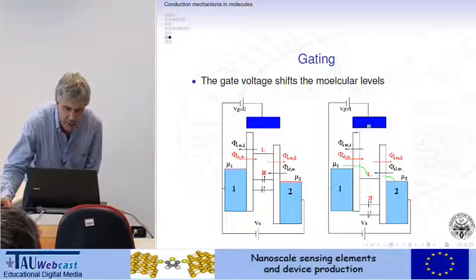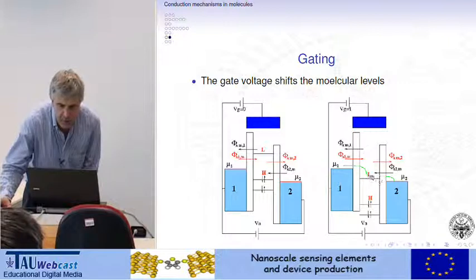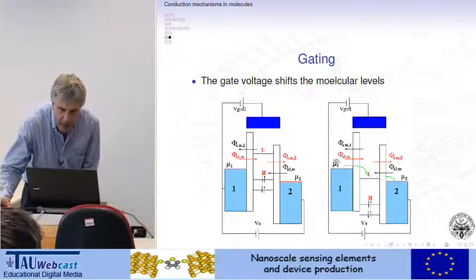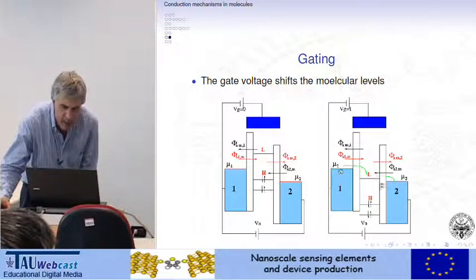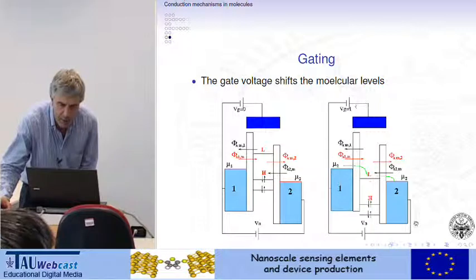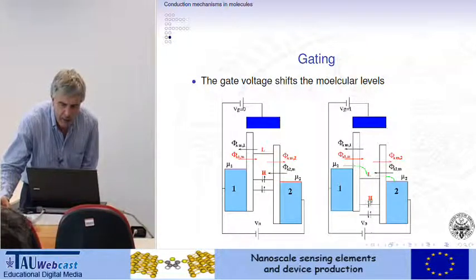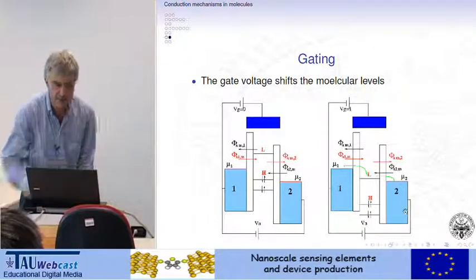If the voltage is large enough to put the L level in this position, it's clear for all of us that the current can now flow, and you have a large amount of current flowing from electrode 1 to electrode 2. So the effect is to control the current from 1 to 2 simply by translating the energy levels of the molecule between the electrodes.